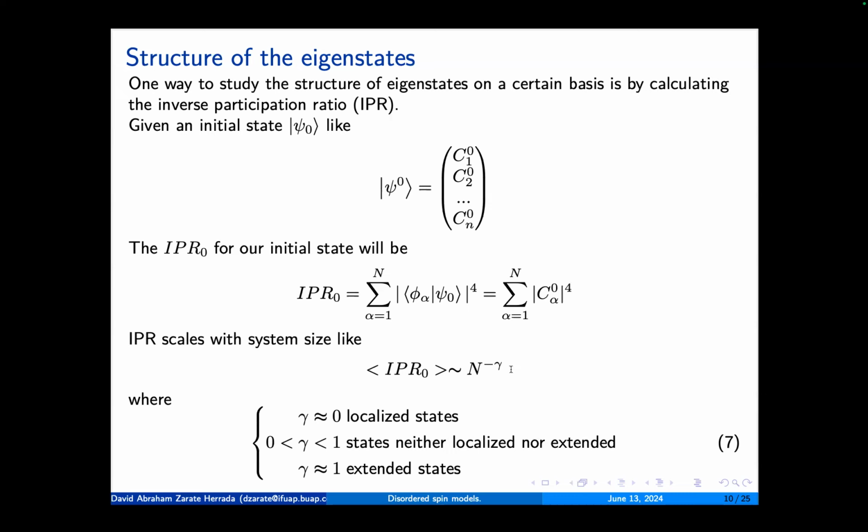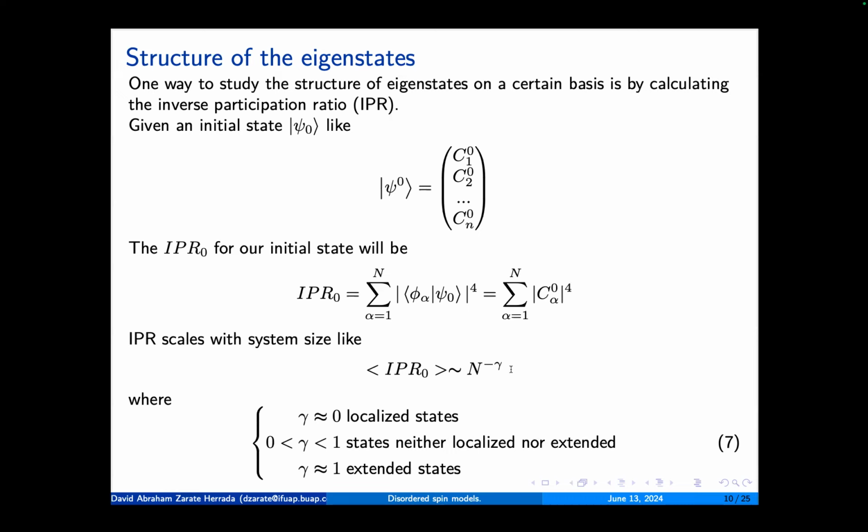The value of this exponent tells us the type of these eigenstates. If gamma is very close to zero, we have localized states.